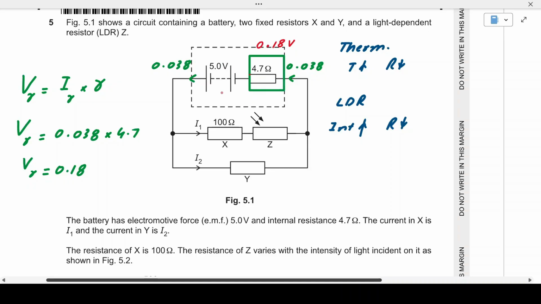The leftover would be the terminal voltage. So the battery is labeled as 5 volts, but actually it will not be giving you 5 volts, because out of that 5 volts, 0.18 volts have been lost inside the internal resistance. So what is the leftover? 5 minus 0.18, giving 4.8.